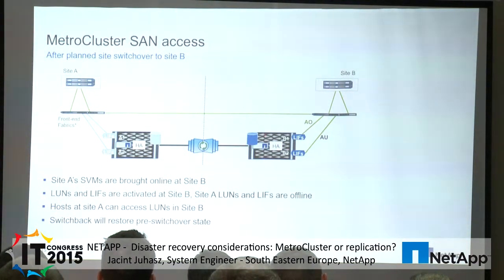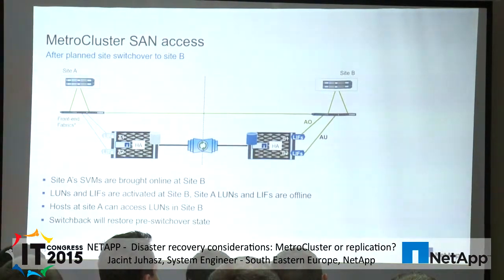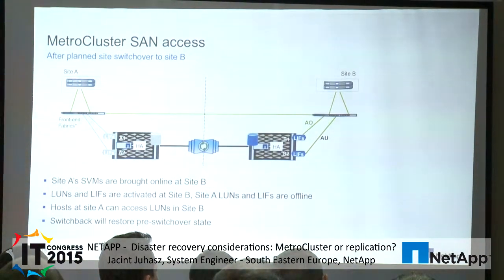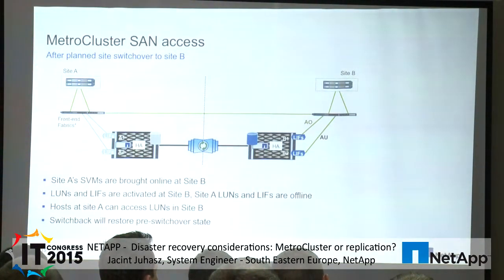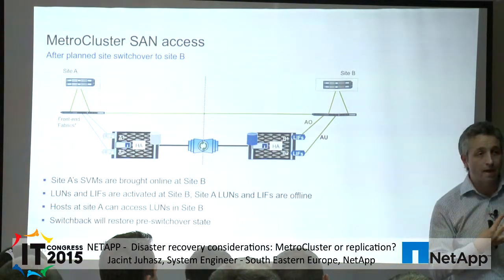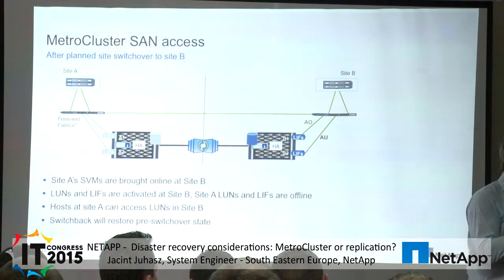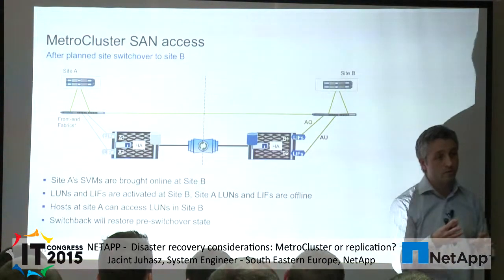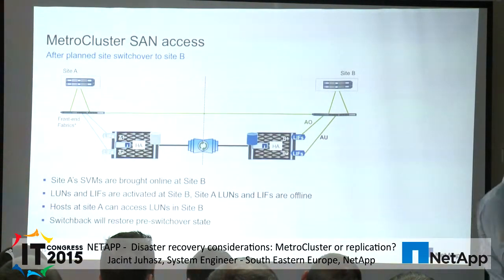That means that the LUN is presented on the secondary side, side B, and the logical interfaces are active on the secondary side, side B. But it is very important to understand that the LUN is exactly the same as it was on side A. It has the same size, the same serial number, the same capabilities. So if you look at the LUN from a Windows or Linux physical or virtual machine, it's going to be the exact same LUN. There's no difference.